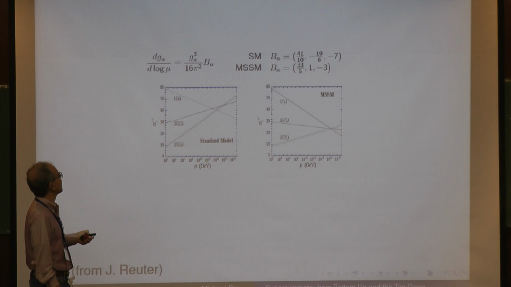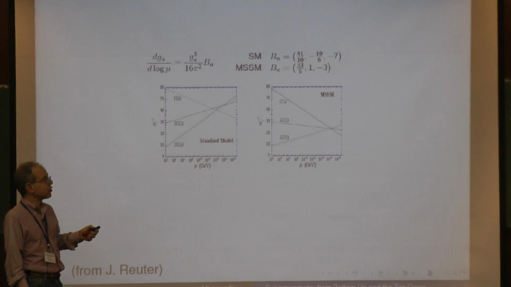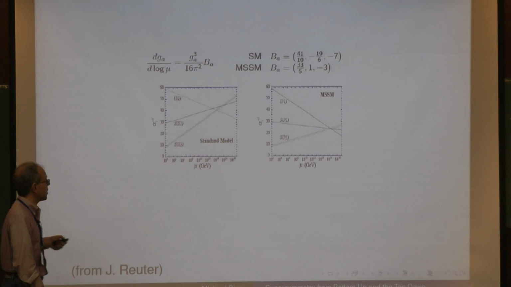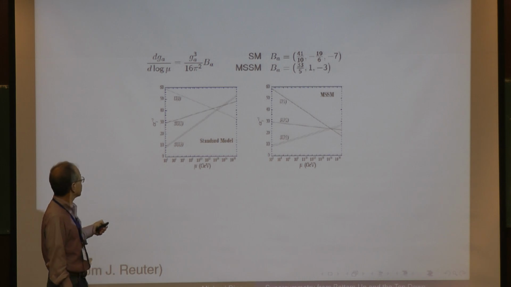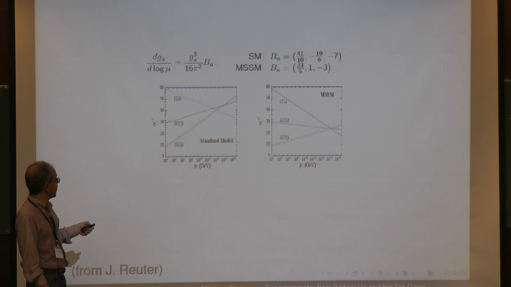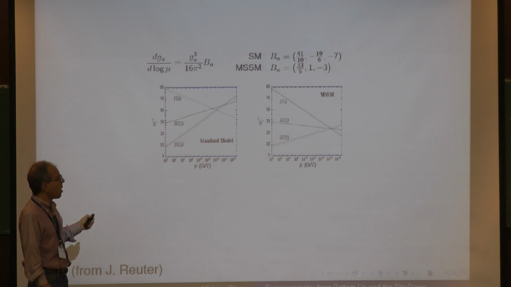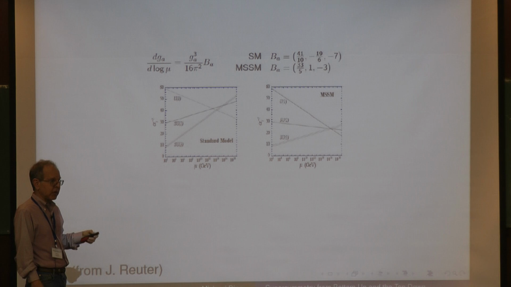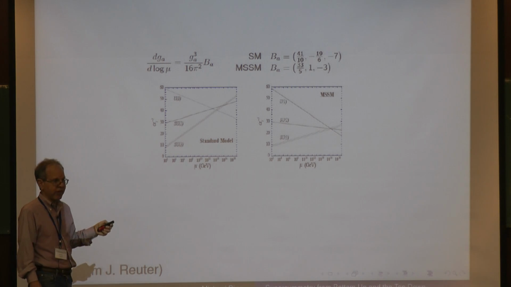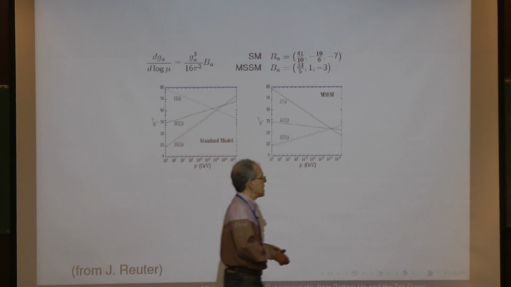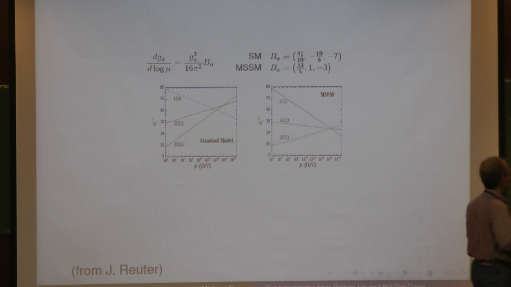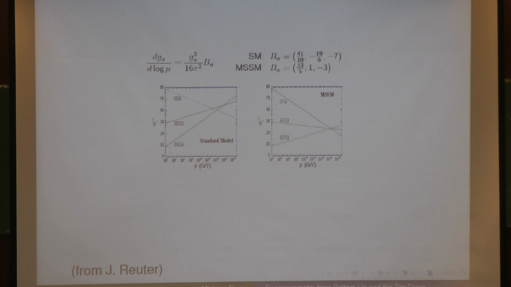The assumption we've made here is that there are no new particles between the TeV and 10 to the 16th GeV. Or if there are, they're in complete SU5 multiplets. What does that mean? Why do I say that? If fields lie in SU5 multiplets, then each field makes the same contribution.